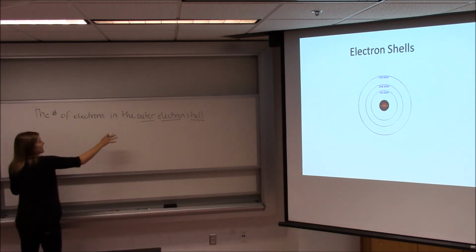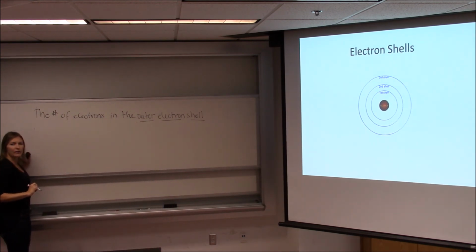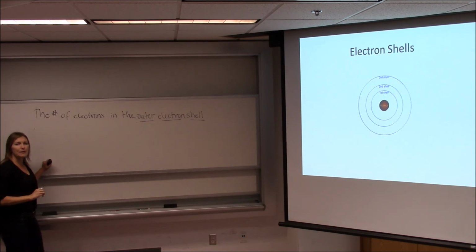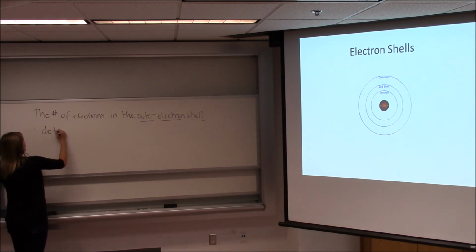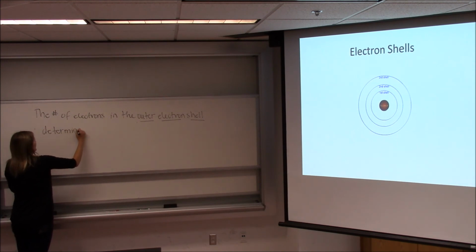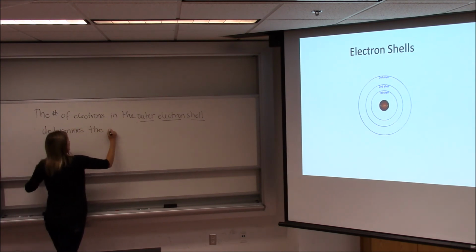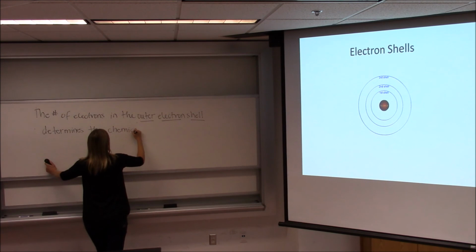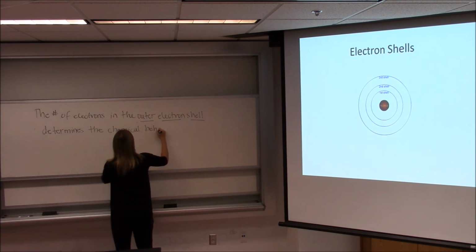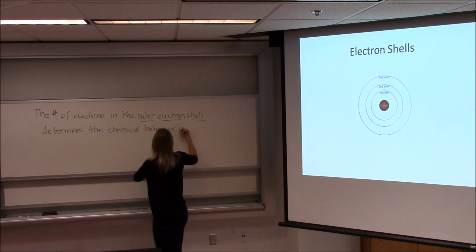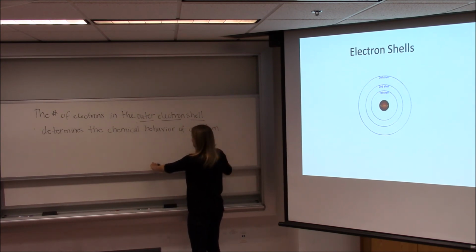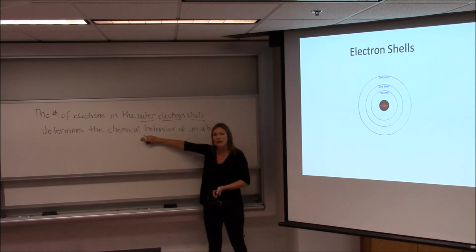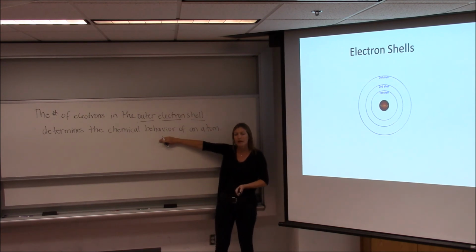It's the number of electrons in the outer electron shell that determines the chemical behavior of an atom. Chemical behavior. That's a big deal.